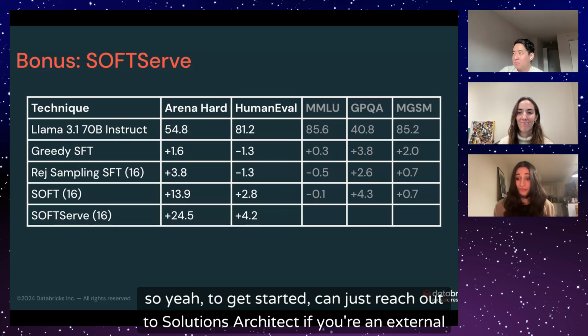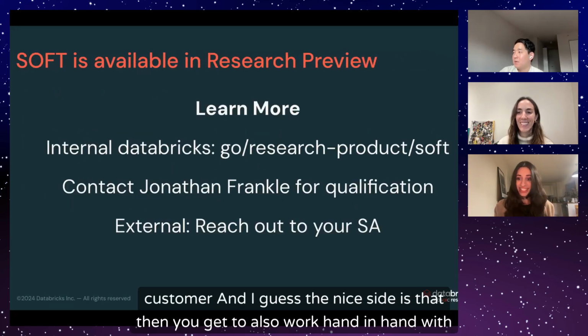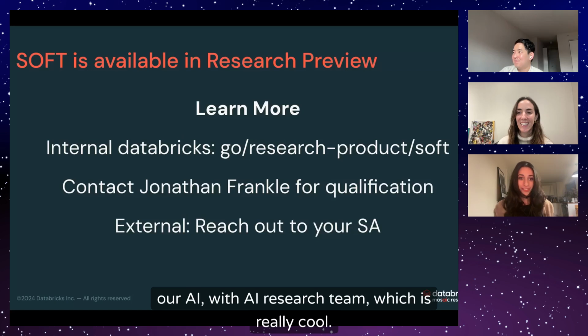To get started, you can reach out to your solutions architect if you're an external customer. And the nice side is that you also get to work hand in hand with our Mosaic AI research team, which is really cool.